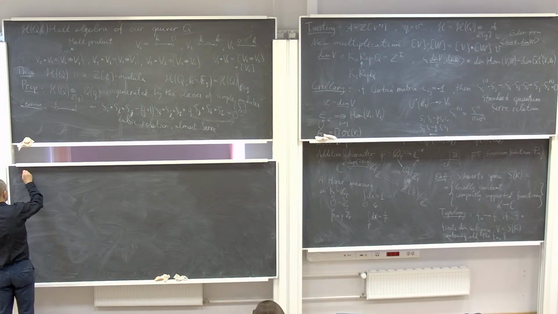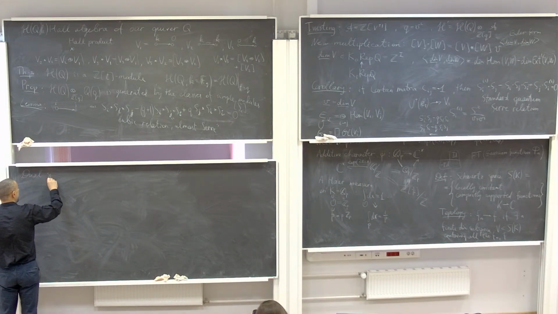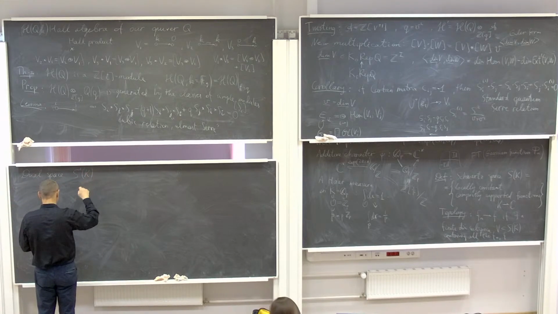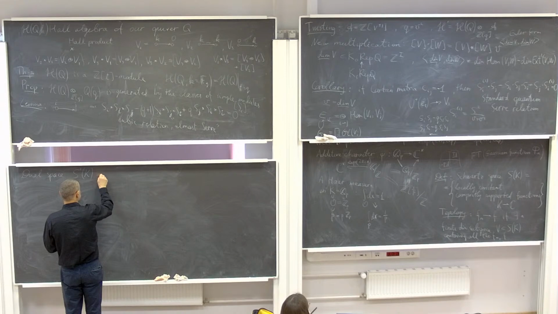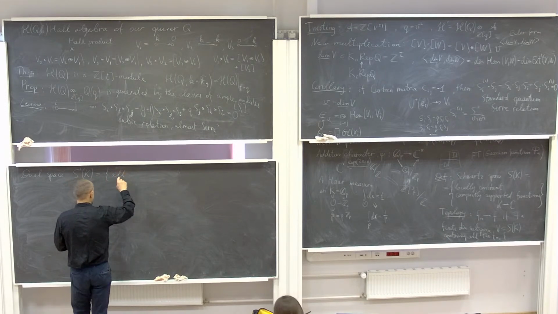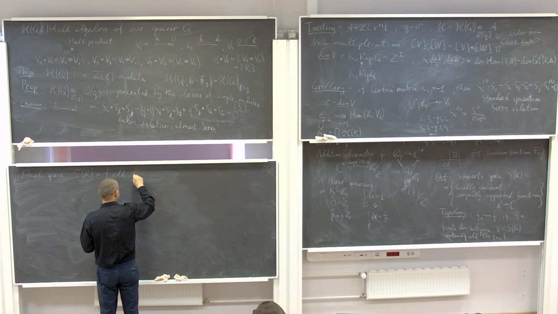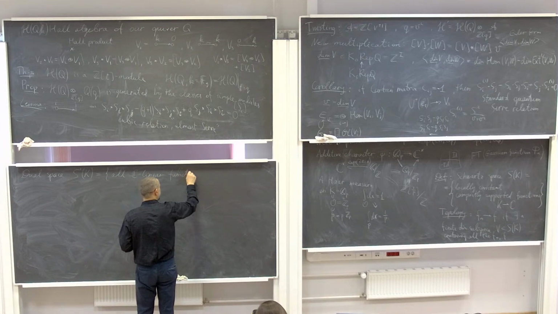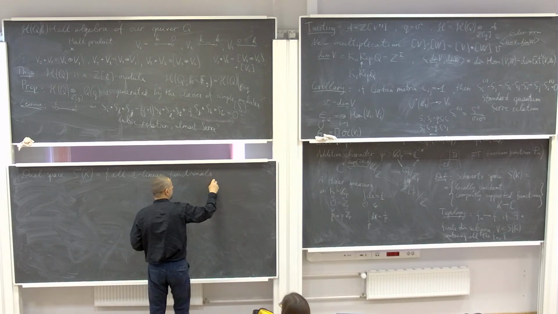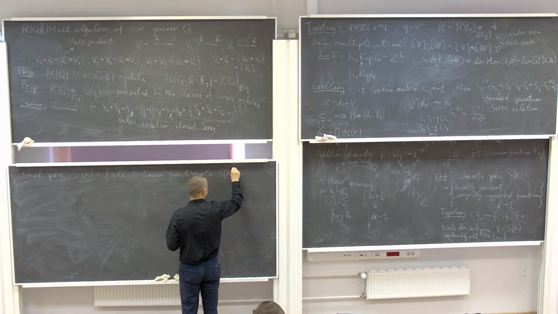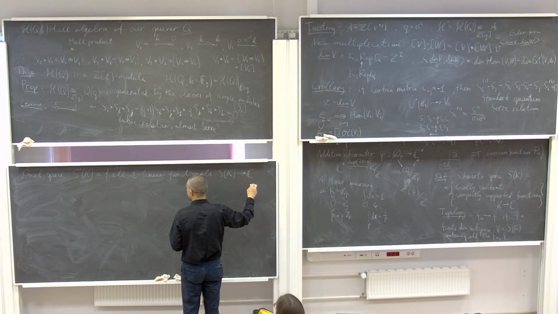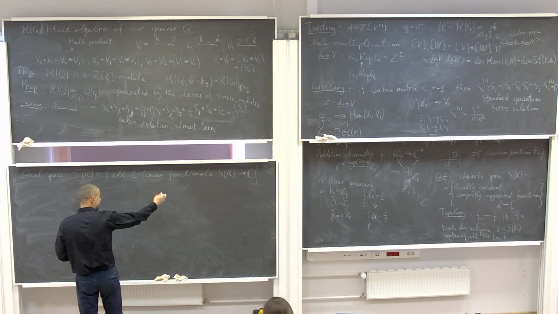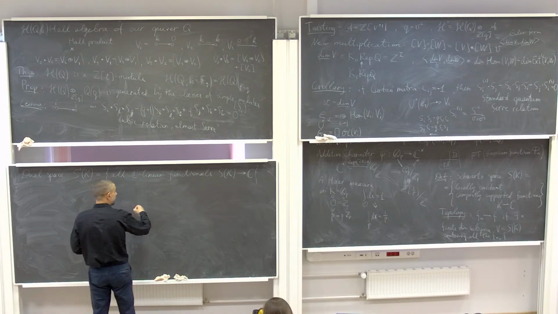Now the dual space S prime of k is the space of all C-linear functionals from S of k to C. And with this notion of convergence, they are continuous.